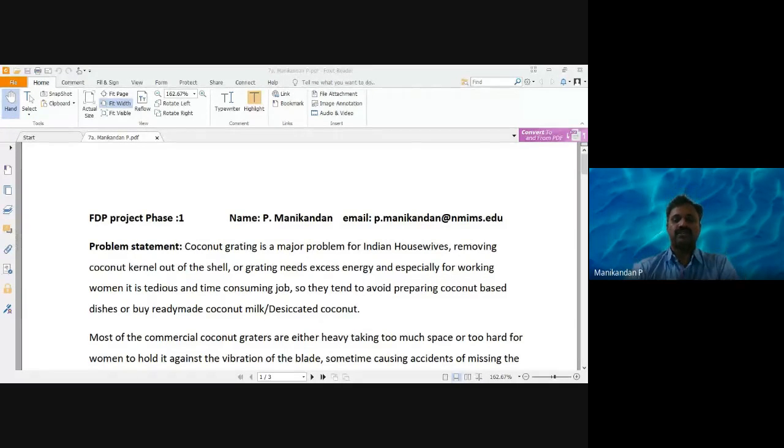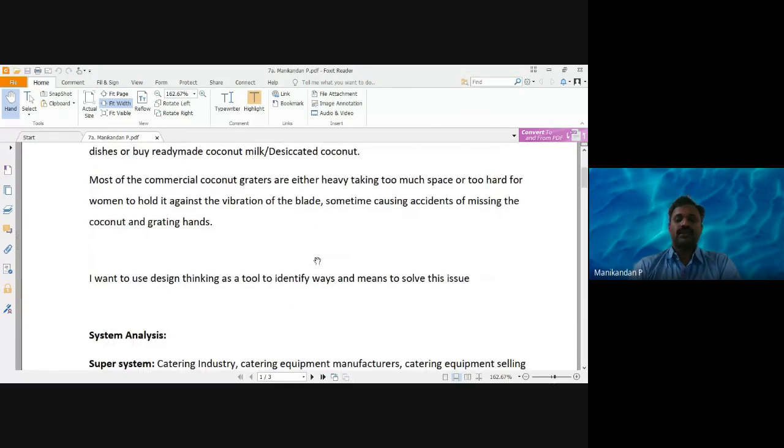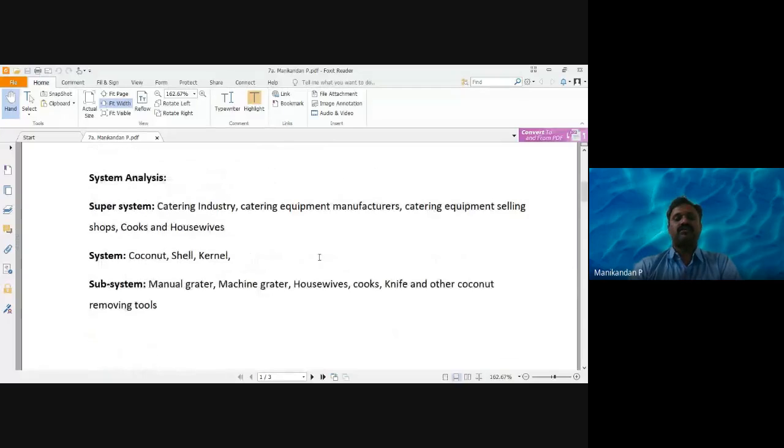The title was the ideal coconut grater, and the problem issue is that the coconut should be easily removed from the shell as well as easily grated. So why coconut? Because in South Indian cuisine and South Asian cuisine, it is a major ingredient. But with more and more women coming into the workforce, it is becoming a time-consuming process, and people are trying to avoid coconut.